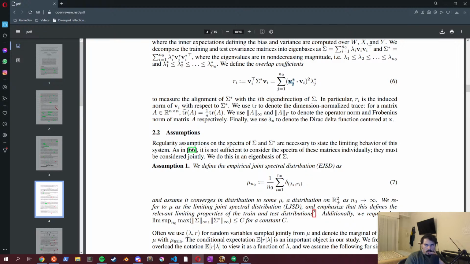You got one row from the covariance matrix of the test set, one row from the covariance matrix of the training set. You take their dot product and square it, and then you have an eigenvalue from the test set there. That's the sum over all the test set eigenvalues.